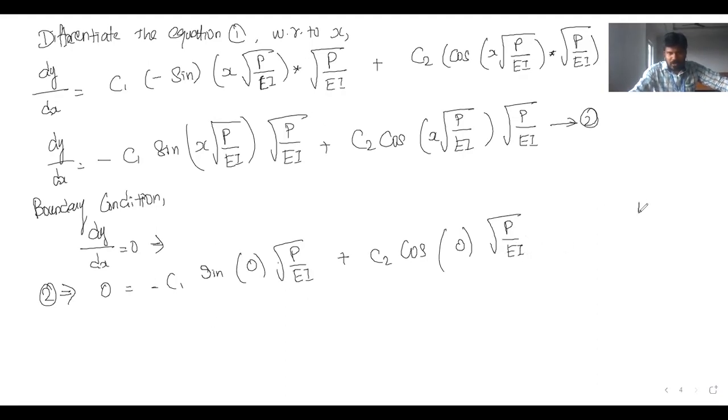We all know that cos 0 is equal to 1 and sin 0 is equal to 0.